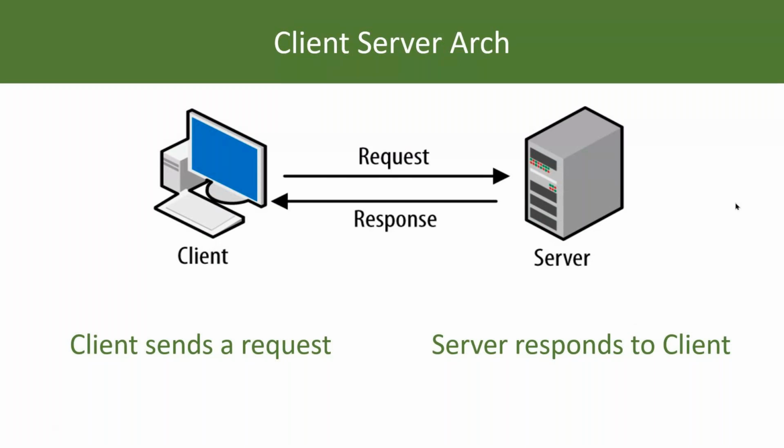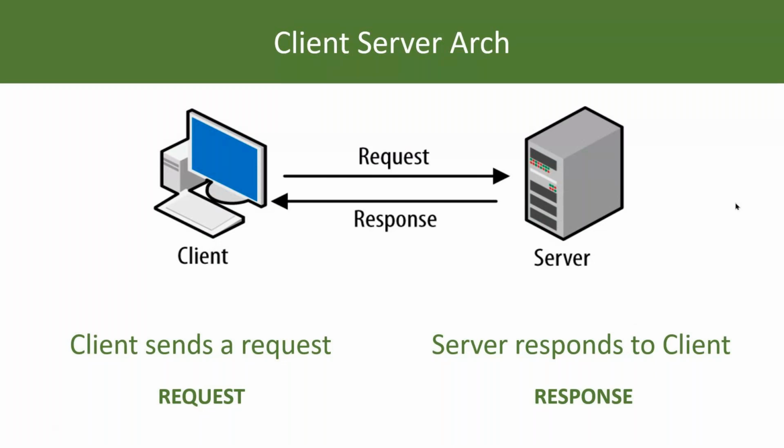Whatever a client sends to the server is called a request, and what the server sends to the client is called a response. The crux of performance testing is all about this: the request and its corresponding response. How quickly a client can get a response is what performance testing is all about.